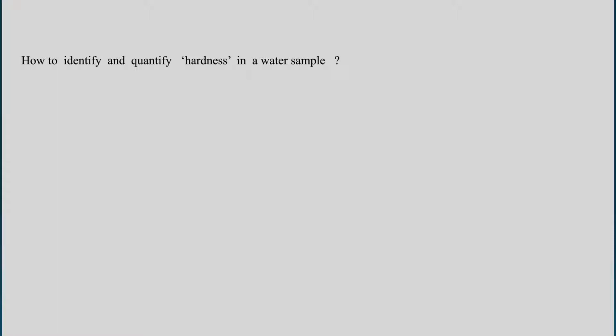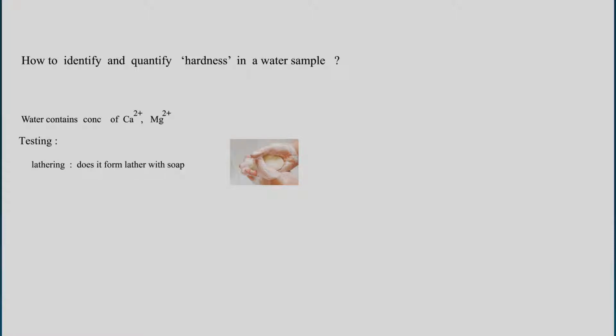For example, how do we identify the hardness of water? First, using soap, see if it forms a lather with soap. If it forms a lather with soap, that means this one is low in calcium, not much calcium.